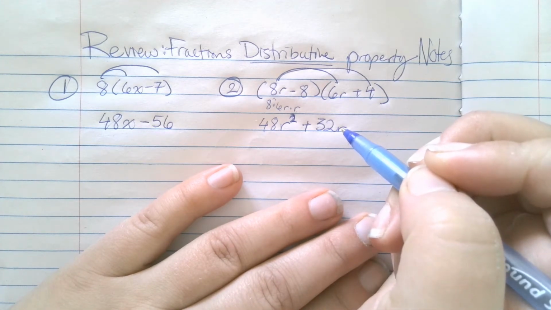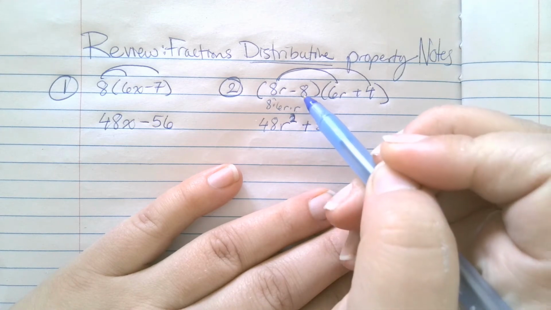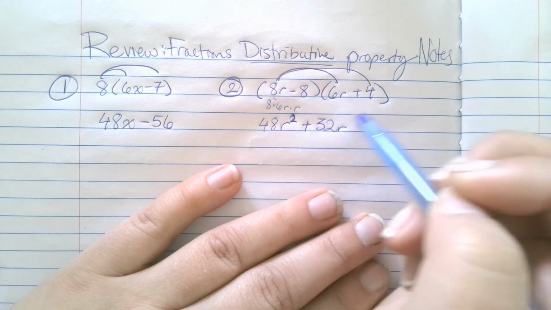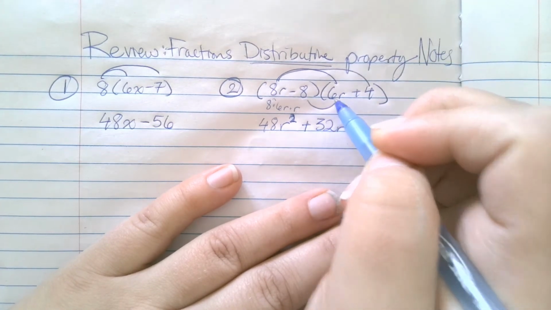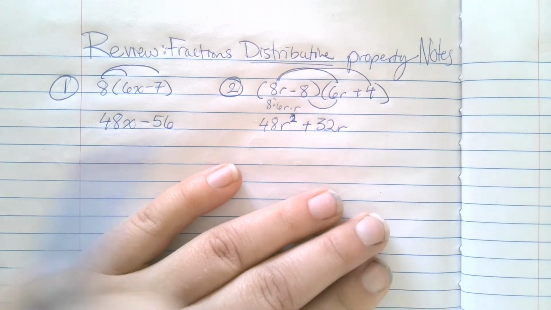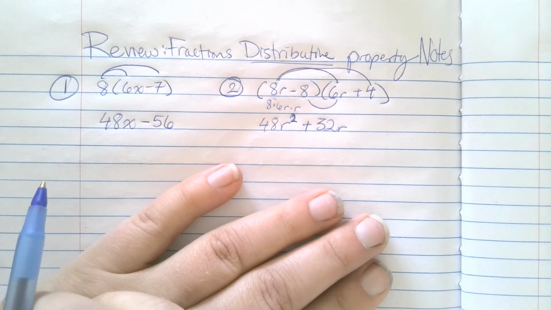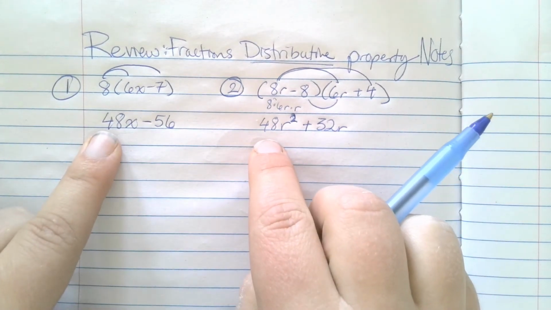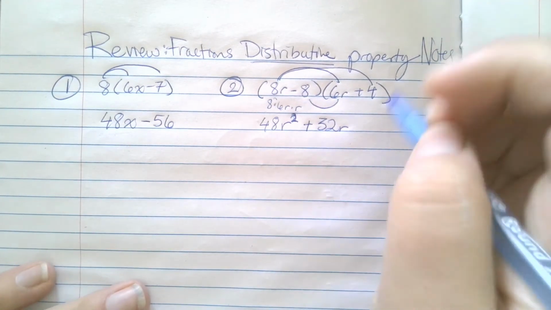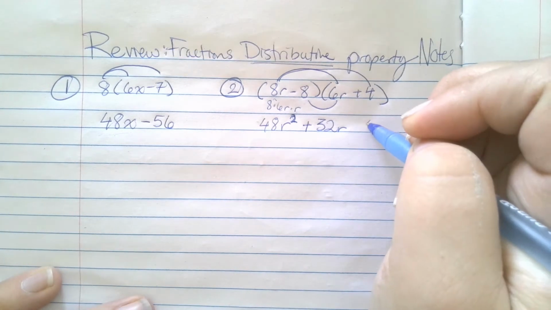Alvarez, what's my next step? You combine like terms. Nope, nope. This one still needs to multiply to both of them. Okay, so help me with this part. Negative 8 times 6R, what is that? We've done it twice. 48, positive or negative?